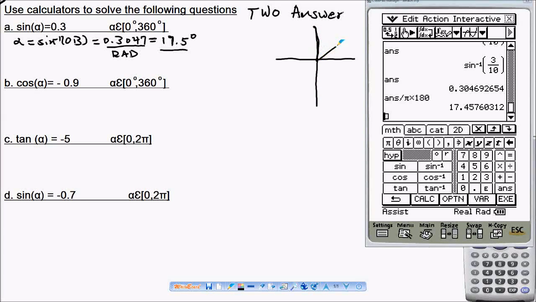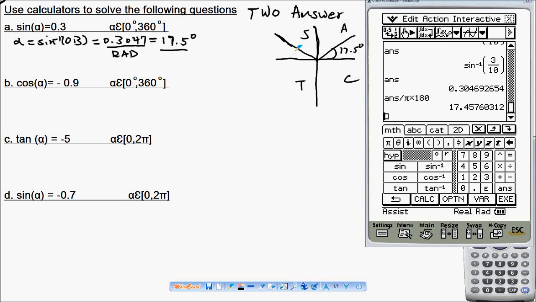So we draw the ASTC diagram, and here we have 17.5 degrees. It's sine, and it's positive, so from our CAST graph the answer should lie in the second quadrant.